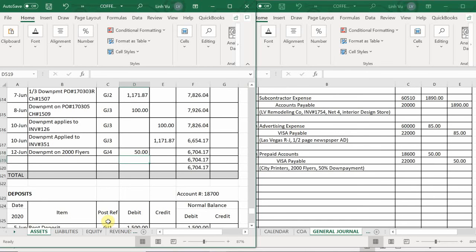So that should increase you to now $6,704.17, right? We increased our prepaid accounts with a debit, so it increased my account balance by $50.